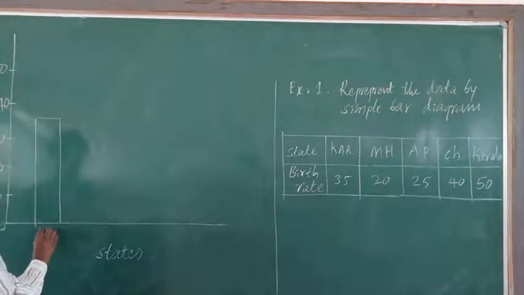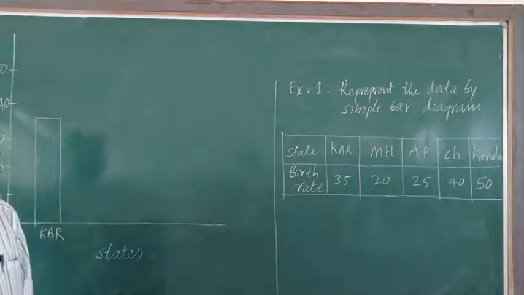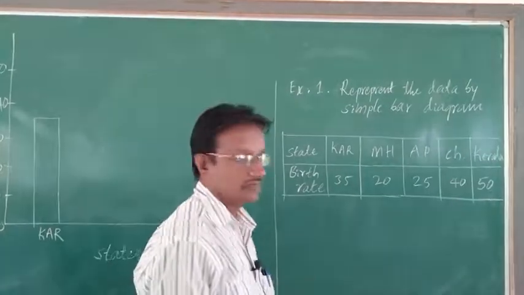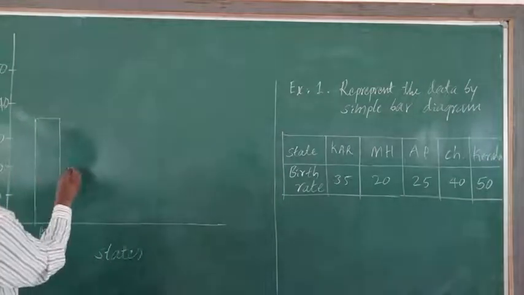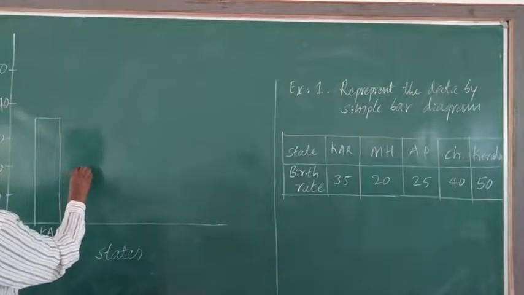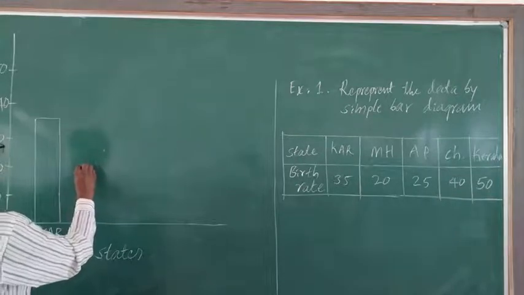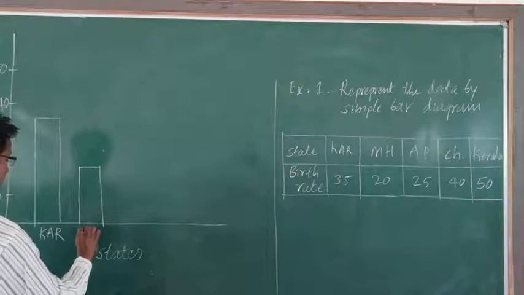Next for Maharashtra, corresponding to 20, we have to construct another bar for the state Maharashtra.